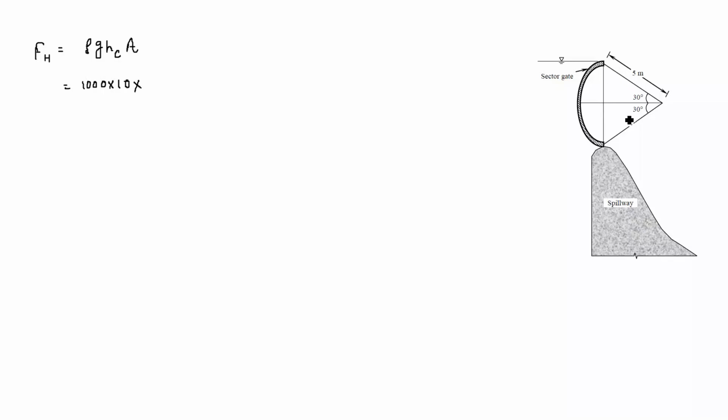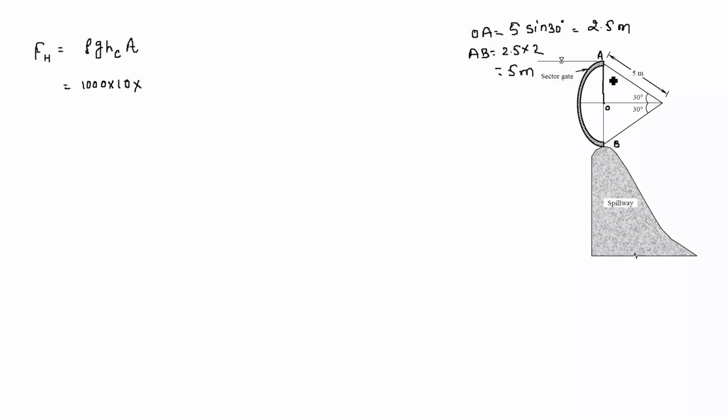If we see this figure, this is 5 and this is cos 30. Suppose this is O, this is A and this is B. So OA will be simply 5 into sin 30, which is 2.5, and therefore AB will be 2.5 into 2, which is 5 meter.